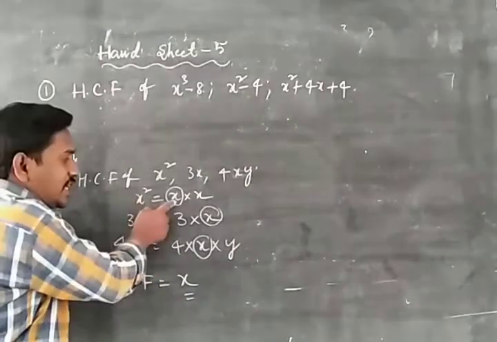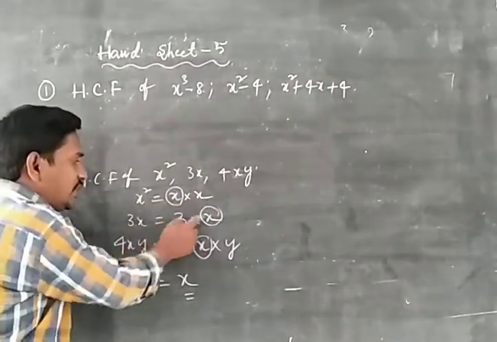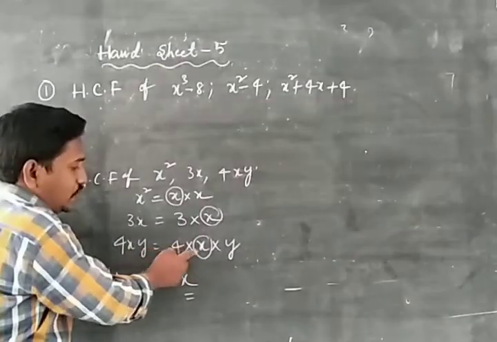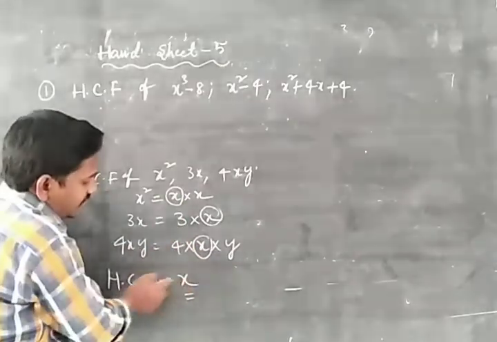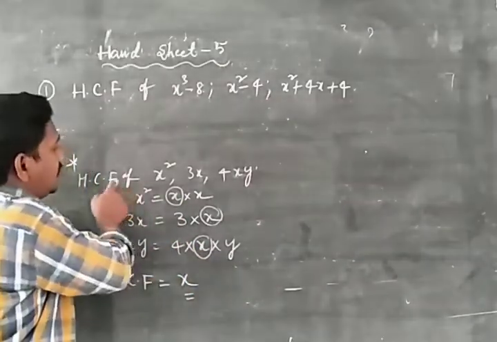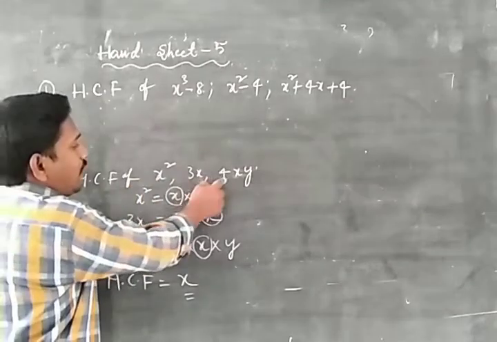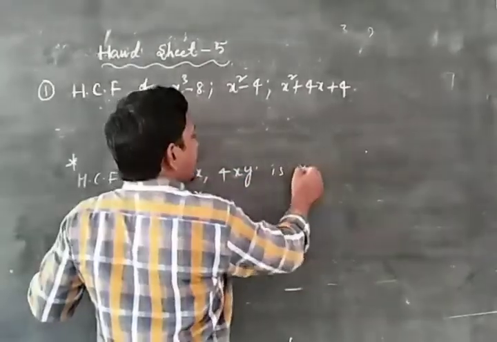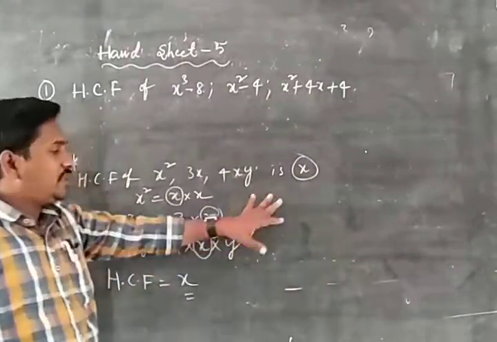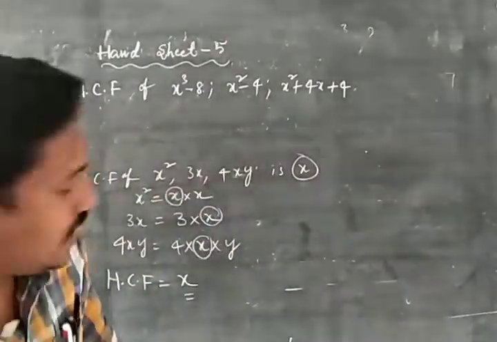X square is written x into x, 3x is written as 3 into x, 4xy is written 4 into x into y. So what is the common one here? X. So HCF of x square, 3x, 4xy is x. Okay, this is the example problem for clarification.